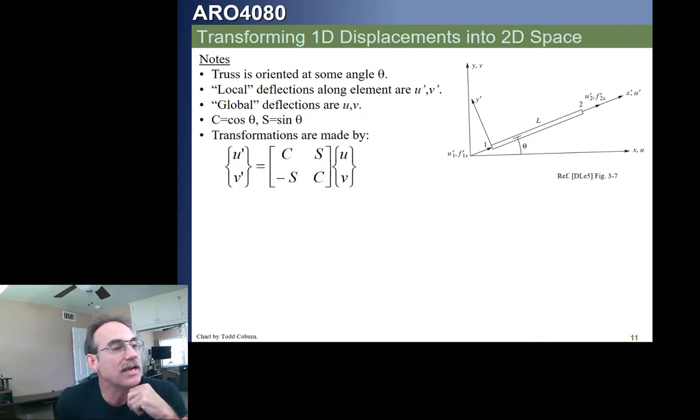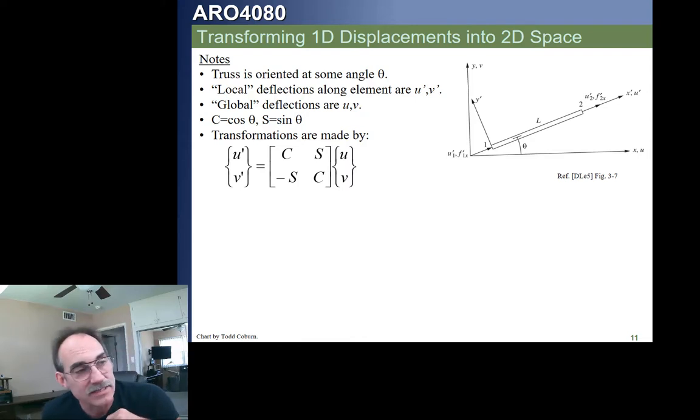So we can now transform this: if we use our global coordinates u and v, plug in those values, and multiply by the matrix cosine theta, sine theta, minus sine theta, cosine theta, that will give us our positions u and v in local coordinates.